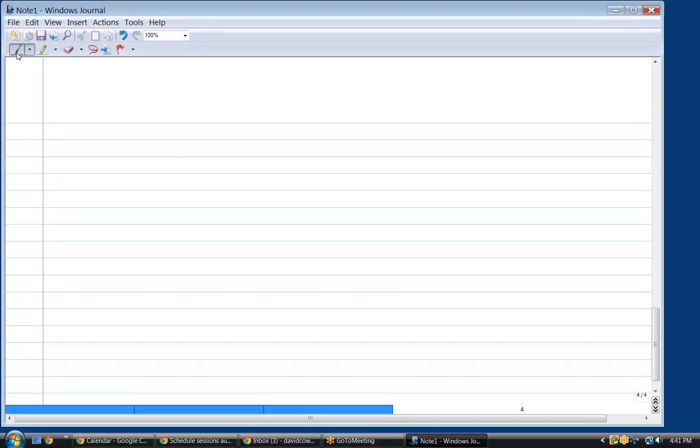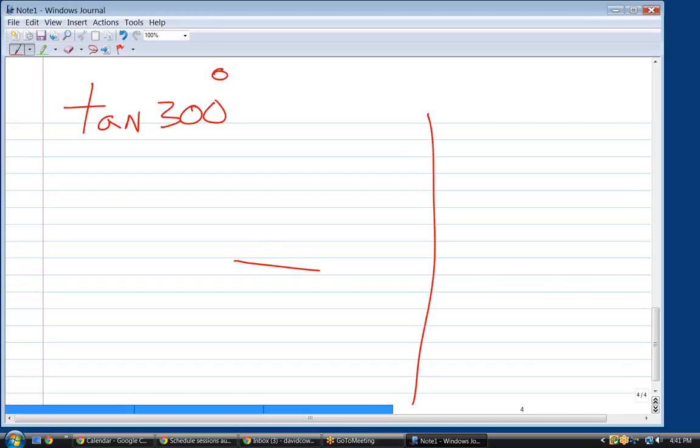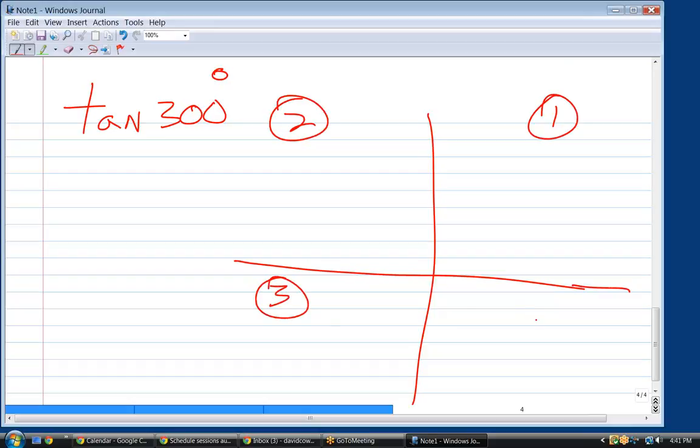And then it just says tangent 300 degrees. Okay. Unit circle you've clearly had. We went through it more thoroughly today.